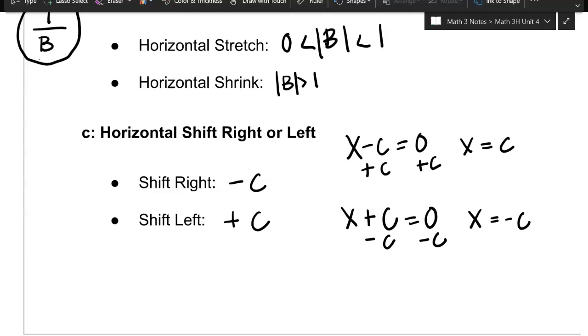So remember they're opposite. Just like when we were doing our zeros in Unit 2, we changed the sign. That is because when we are looking at our graphs, we're trying to get back to where x is alone. That means we have to solve for x and get it by itself, so we are changing those signs.